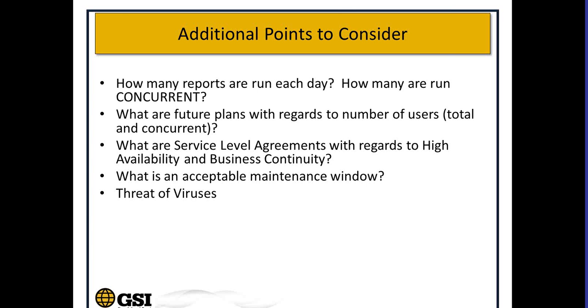Service level agreements with the business, that's always something to think about, because depending upon the architecture that you choose and the way that you architect it in the first place, you may not be able to live up to your SLAs. Maintenance windows: if I have a single system and a single architecture and it's all on one setup, I'm going to have a lot more difficulty doing maintenance on that system.